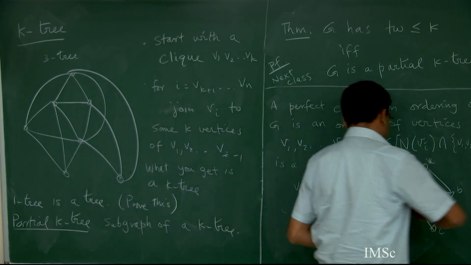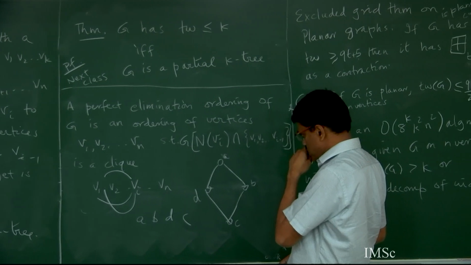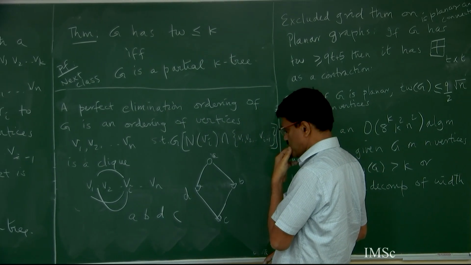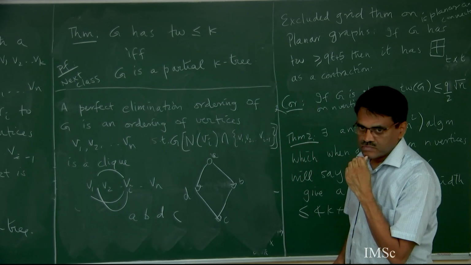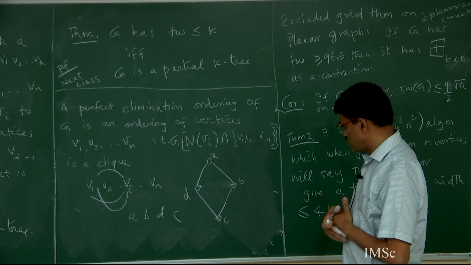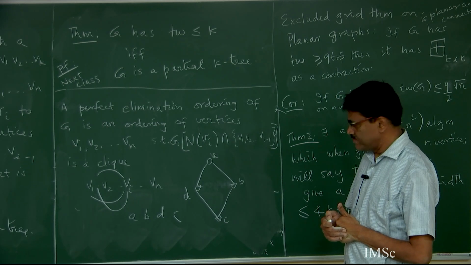But suppose I did not have this edge. Can I now order this in a way that one vertex should come last?